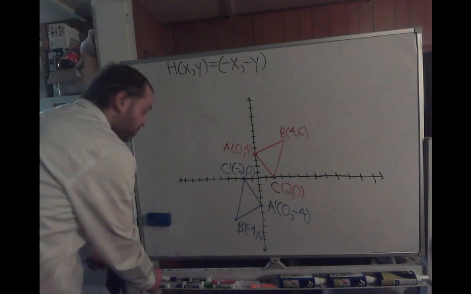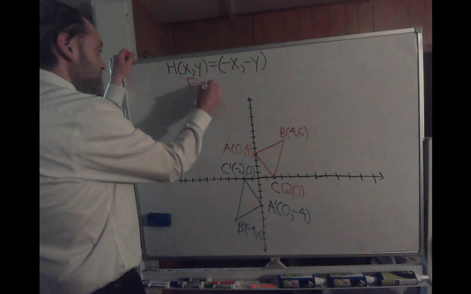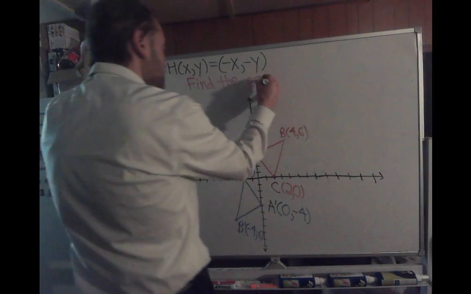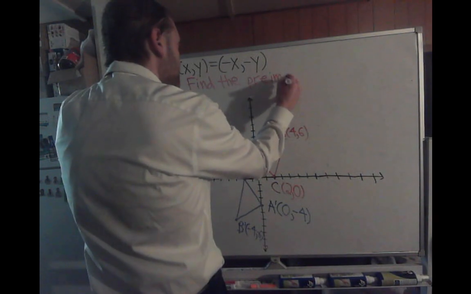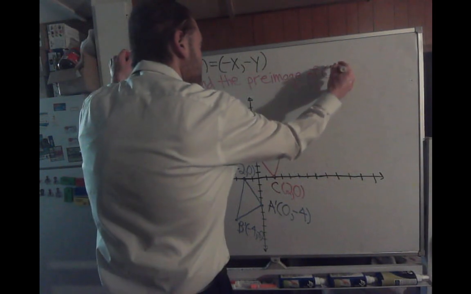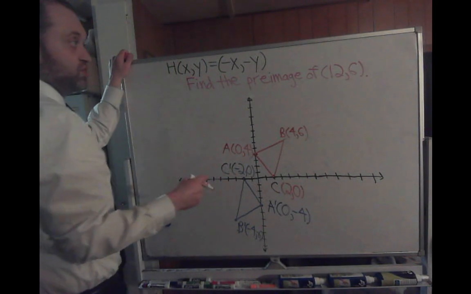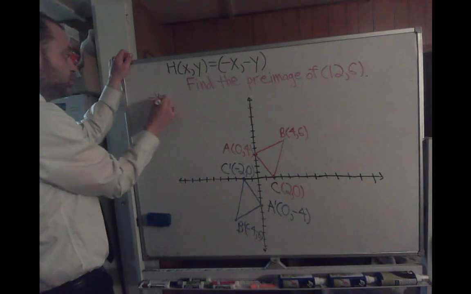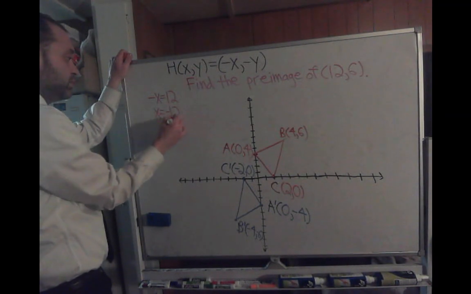So now we want to find the preimage of 12, 6. Preimage is one word, my bad. So find the preimage of 12, 6. Just set the negative x equal to the x value of 12. That would of course give you that x equals negative 12.